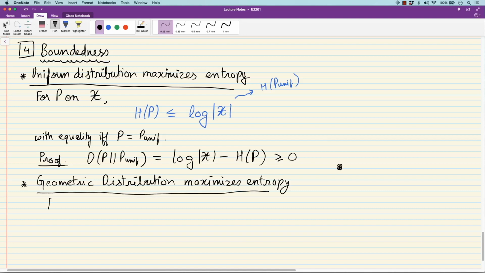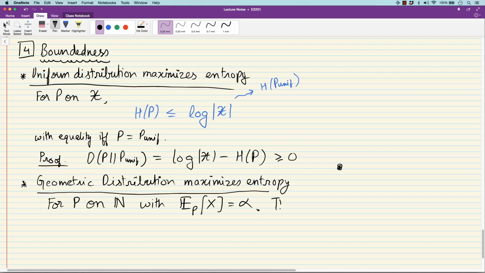So consider a PMF P, or a distribution P, on the natural numbers, and suppose the expected value of this random variable is equal to alpha.